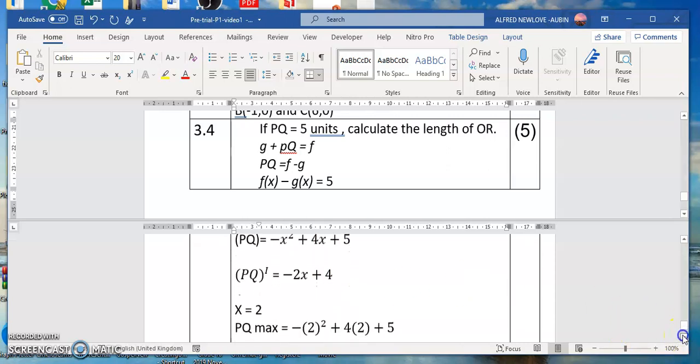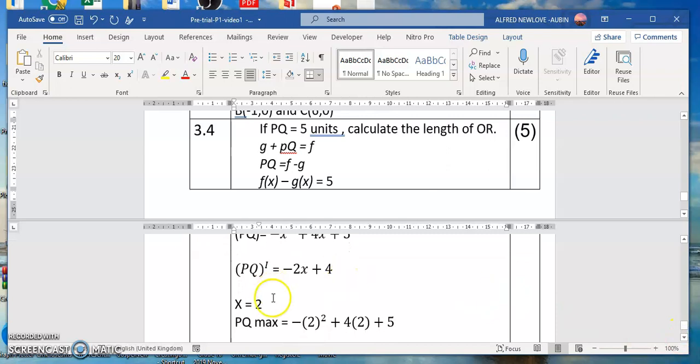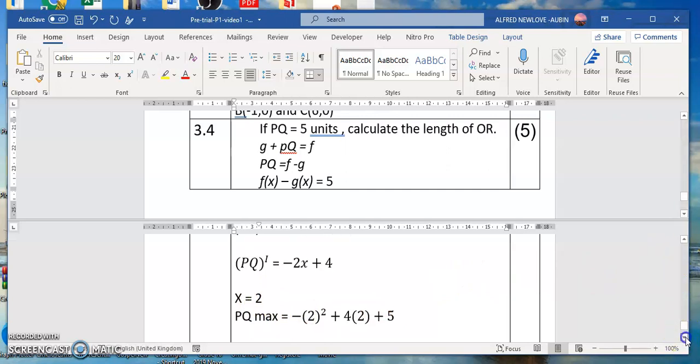Then to find the maximum value, you substitute 2 into the function. And what is that going to give us? Remember, the function is x squared plus 4x plus 5.